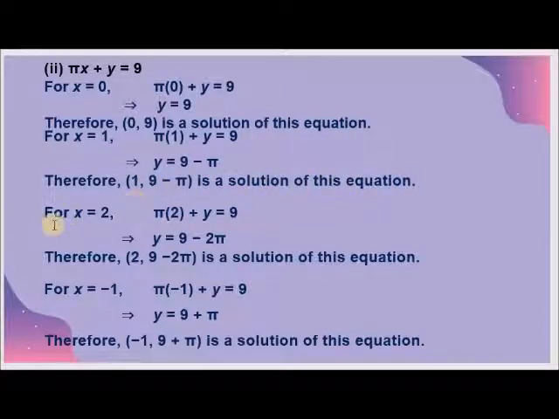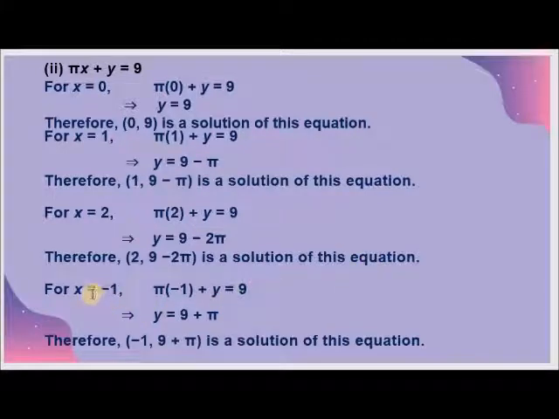Now for x equal to 2, in place of x we'll put 2. So pi multiplied by 2 plus y is equal to 9. When this 2 pi shifts over this side, then it becomes negative. So y is equal to 9 minus 2 pi. So (2, 9 minus 2 pi) is the solution of this equation.